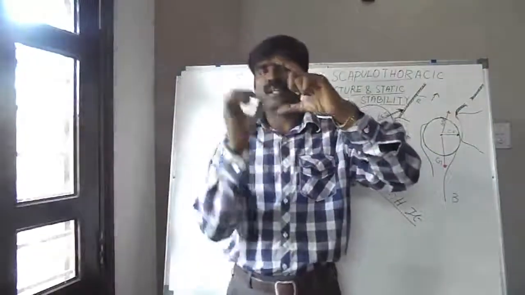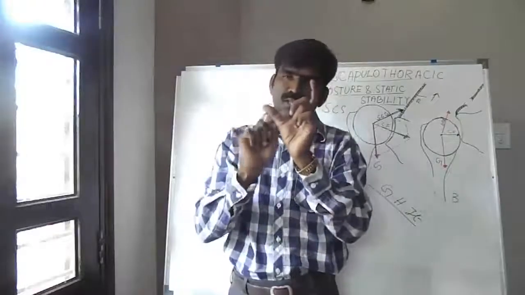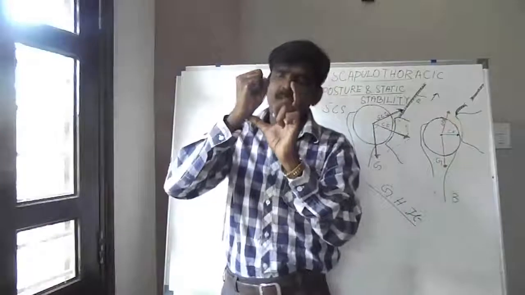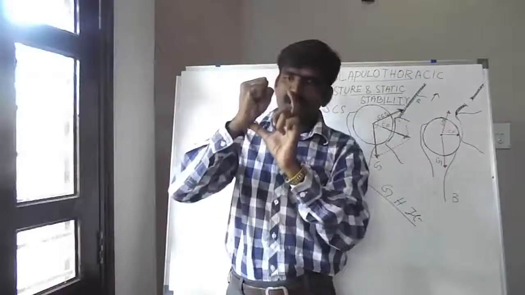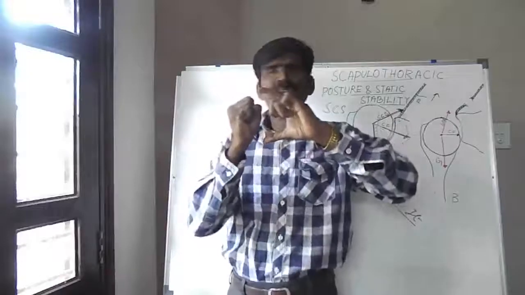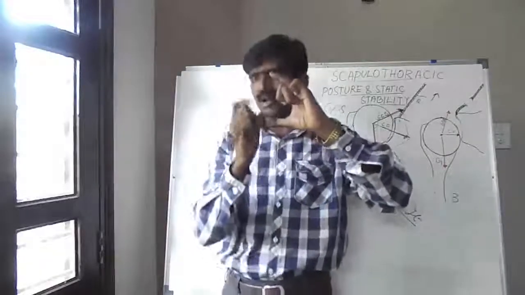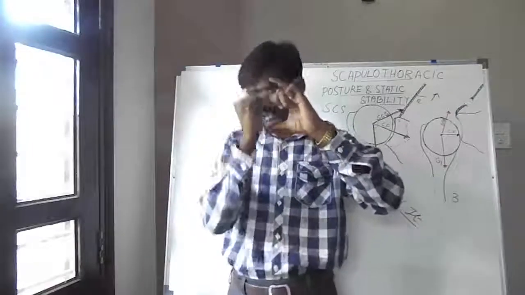This bony stability is lost. Previously, the inferior surface of the glenoid cavity partly stabilized the glenohumeral joint. If the elevators are paralyzed, the scapula will not be in an ideal posture, and the bony stability is now lost.